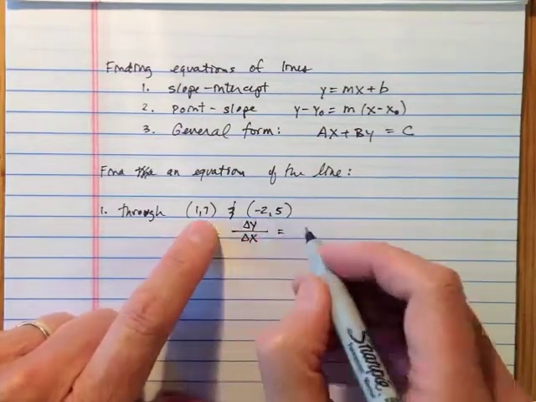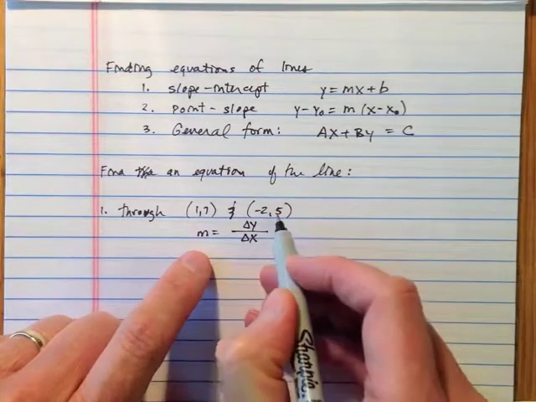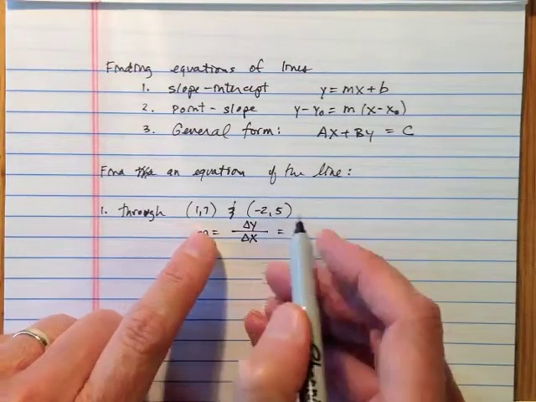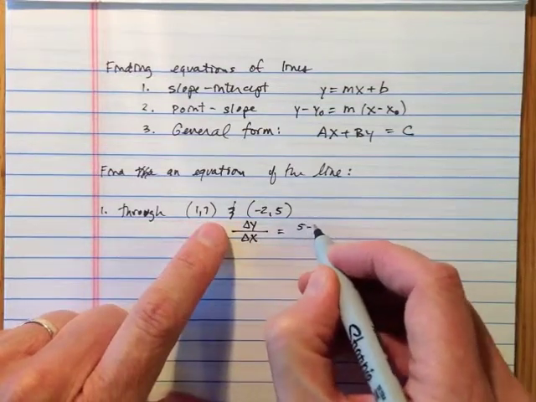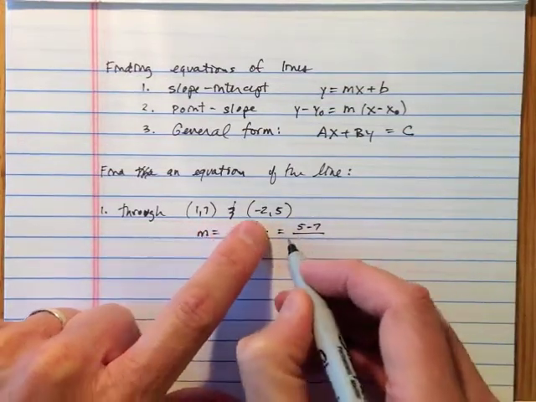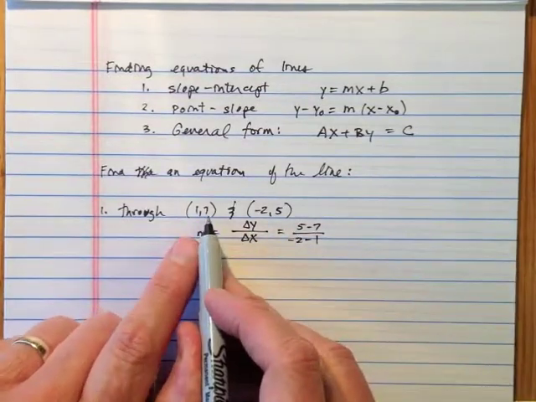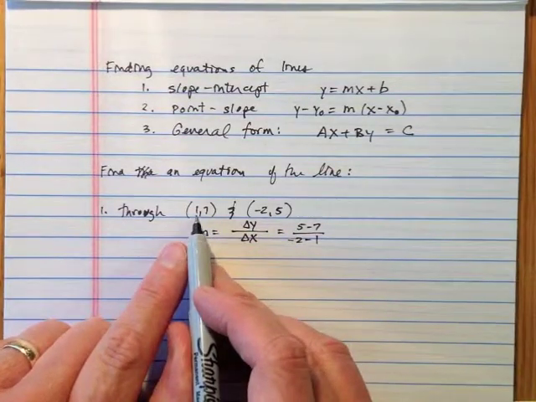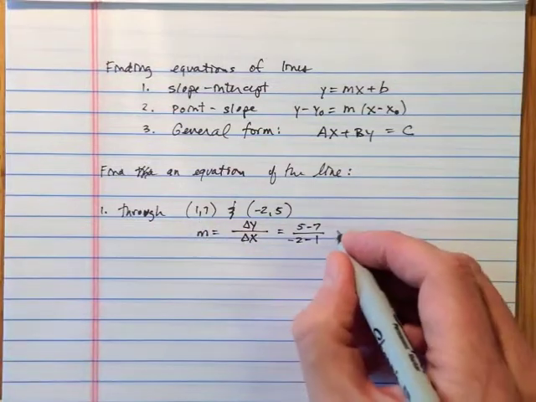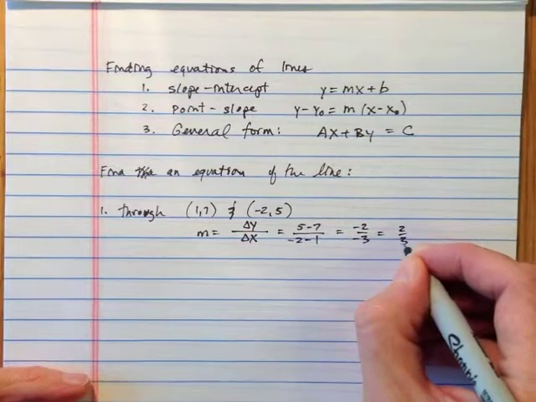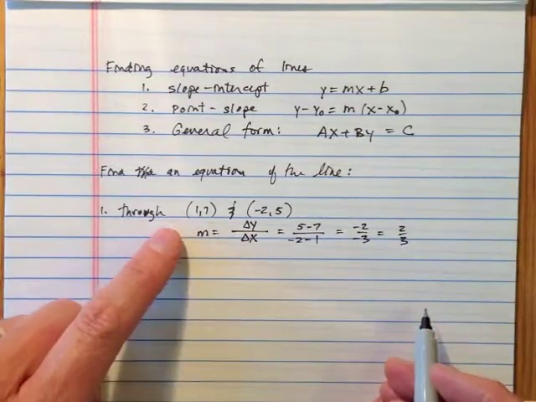For instance, I could say the numerator is 7 minus 5 as long as the denominator is 1 minus negative 2. Or I could say the numerator is 5 minus 7 as long as the denominator is negative 2 minus 1. As long as I'm consistent about subtracting this in the numerator and that in the denominator, I'll get the correct slope. So that's negative 2 over negative 3. The slope is 2/3.